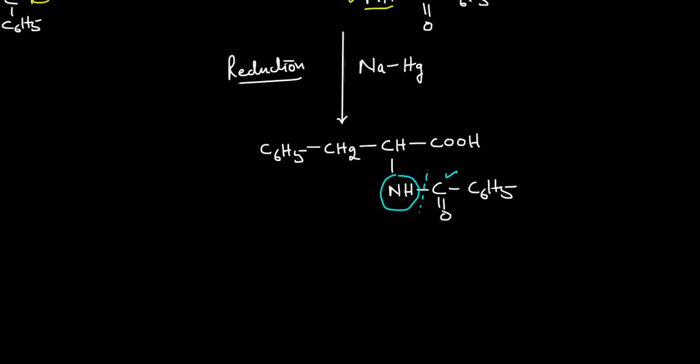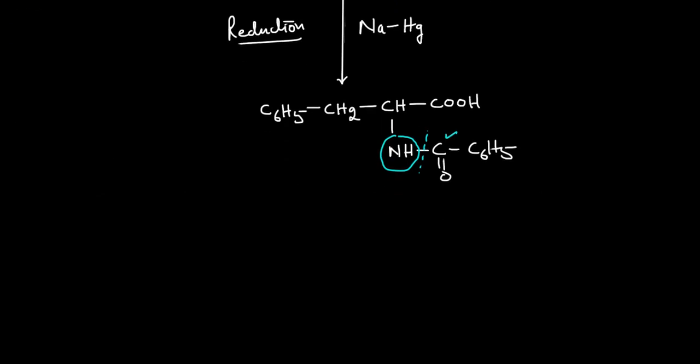That can be done by hydrolysis in acidic medium. We are doing the hydrolysis in presence of acidic medium. When we are doing the hydrolysis, this bond is broken from here. ये यहाँ से ये bond cleavage हो जाएगा.